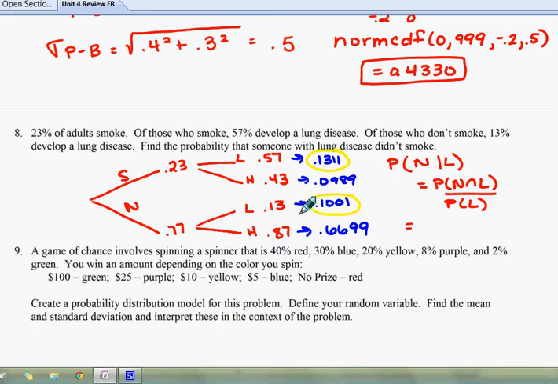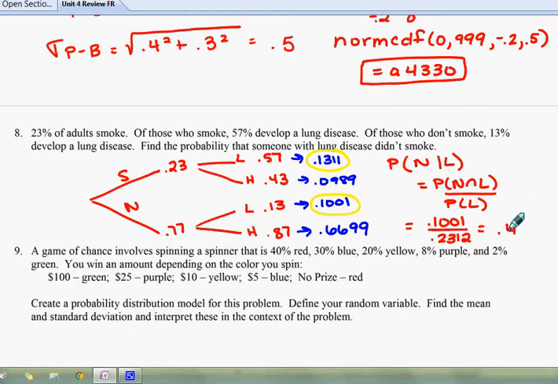When you add those two together, you get 0.2312. And that gives me a probability of 0.4330.